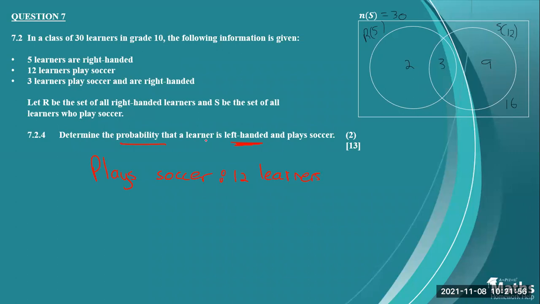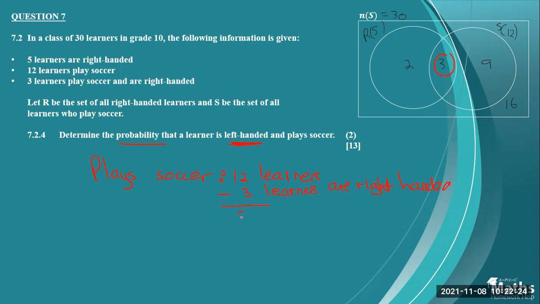But then they say the probability that a learner is left-handed and plays soccer. So how many are right-handed and play soccer? 3. So 3 learners. So we're going to minus the 3 learners that are right-handed, right? So there's your 3 learners that are right-handed and they play soccer.